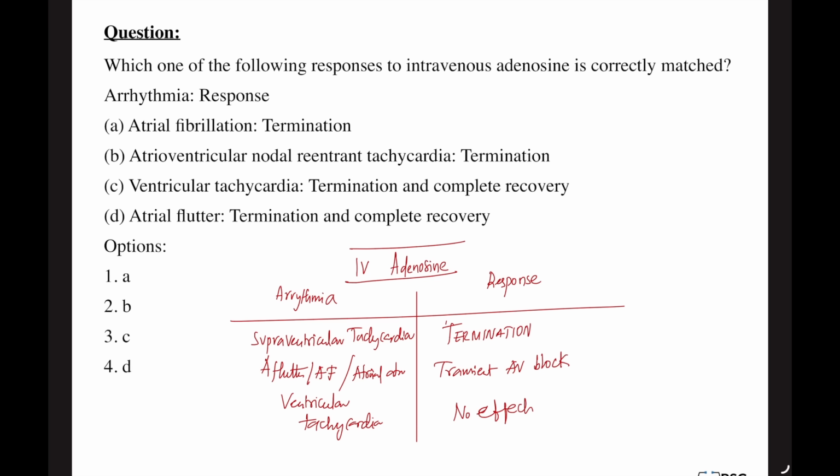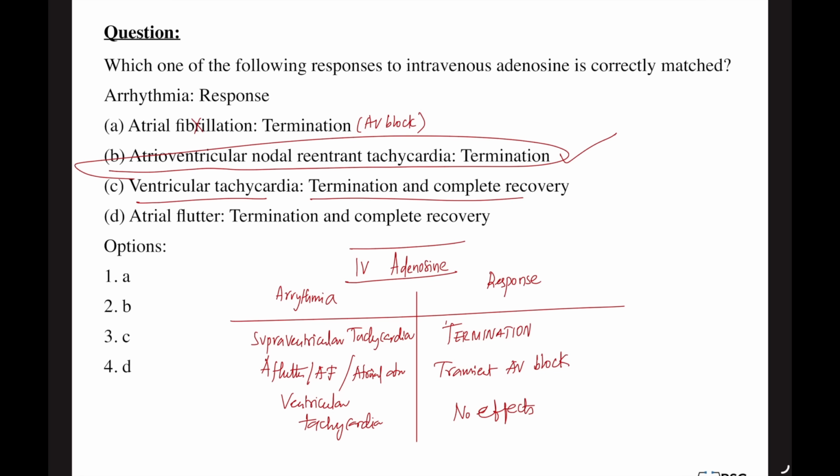So that's the reason when we give IV adenosine, if there is a supraventricular tachycardia like AV nodal reentrant tachycardia, there is termination. In AF, there is only AV block, no termination, so that is not the drug of choice. Ventricular tachycardia, no effect.